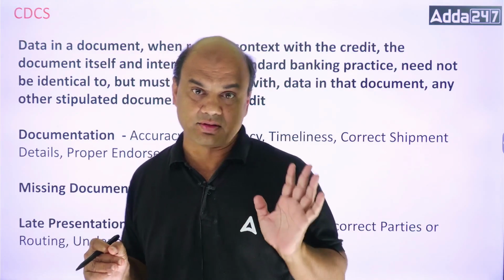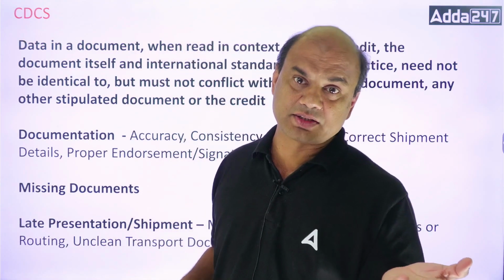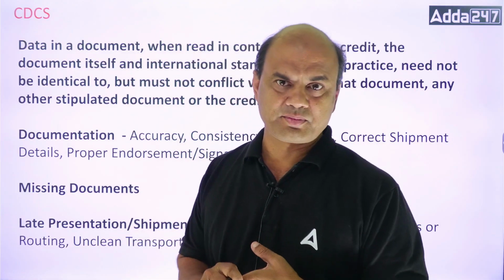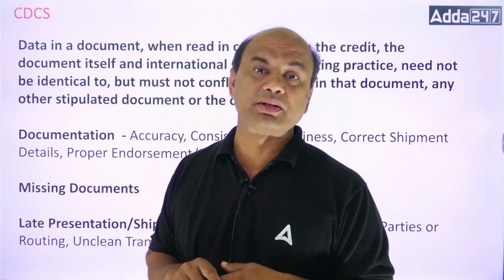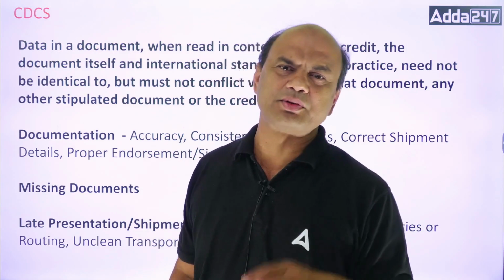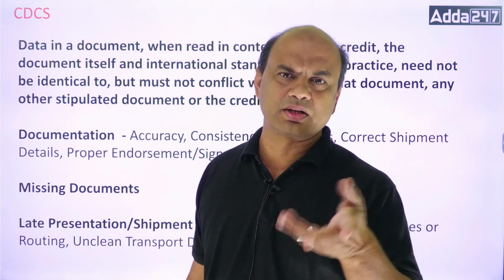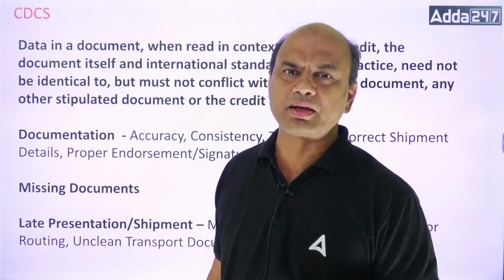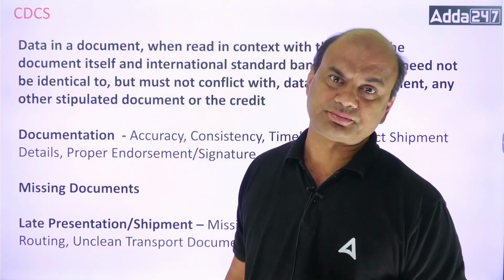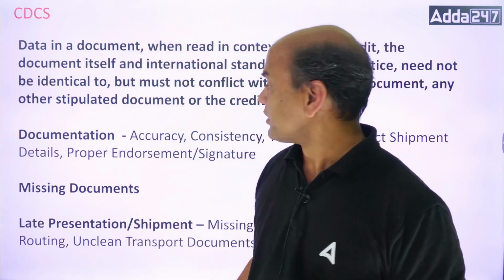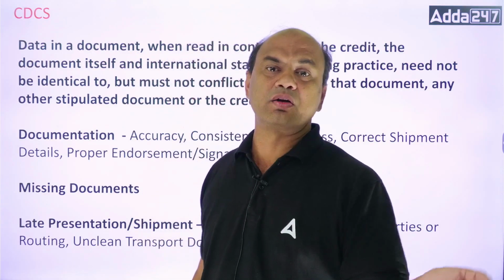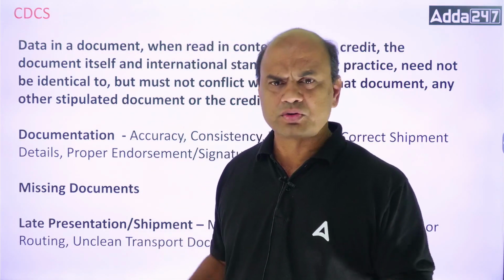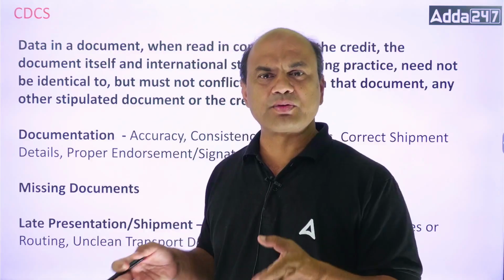If it says will and it is not allowed in the LC, gone. I've taken a separate video on this. Even a single discrepancy gives the issuing, negotiating or confirming bank the right to stop the payment. So, accuracy.